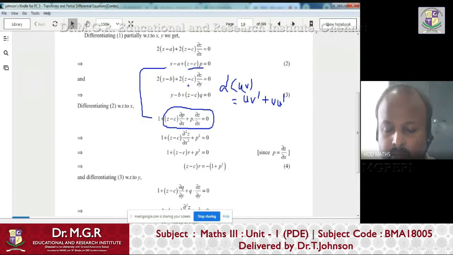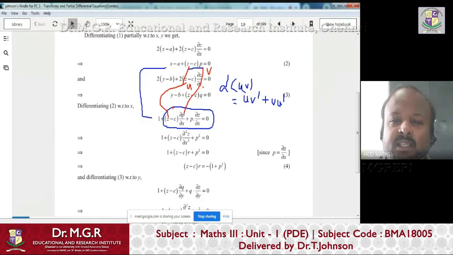So what we have to do? Take z minus c as u and take p as v. So u is z minus c, and v dash means differentiating p with respect to x, that is dou p by dou x.